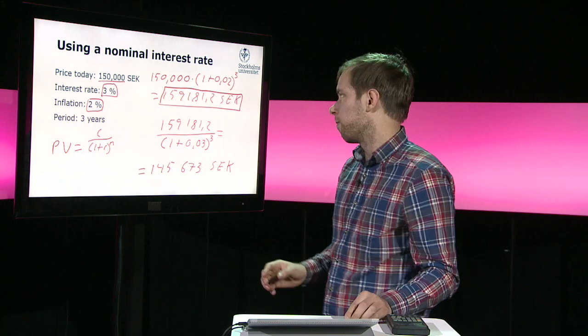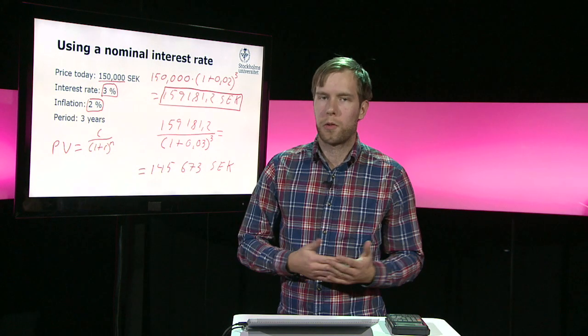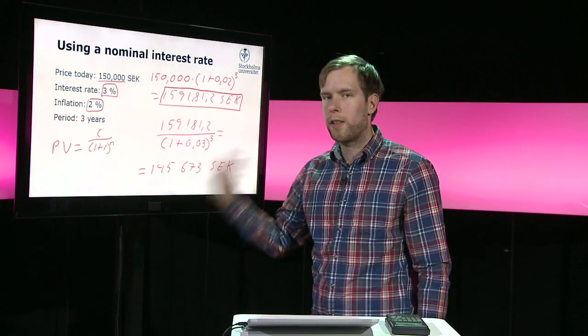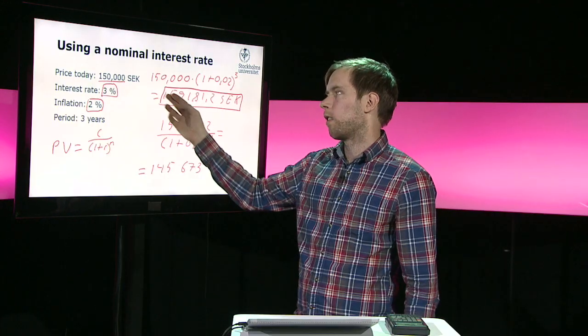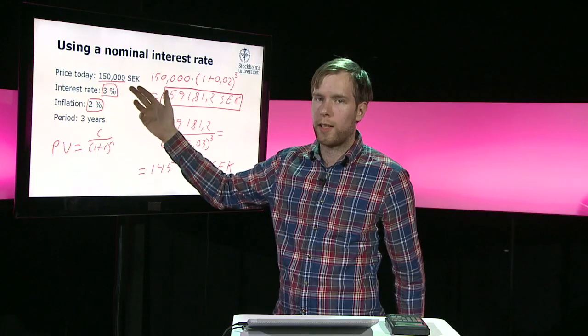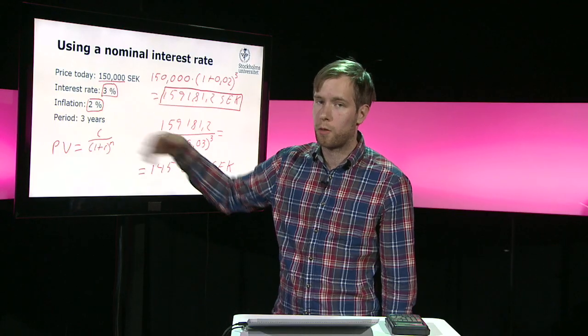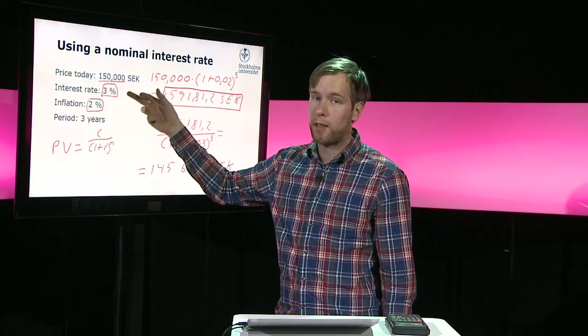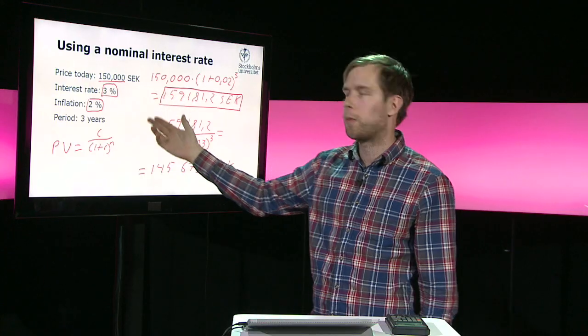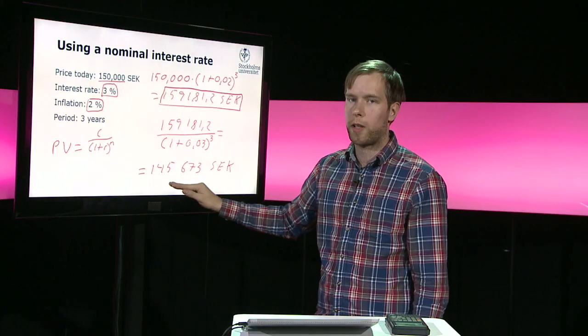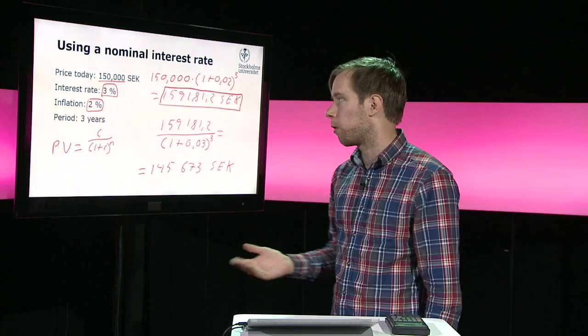Okay, so in order to buy a trip, which in 3 years' time will cost, well, it cost 150,000 today, but the price will increase by 2% over the years. But since the interest rate in the bank is even higher, it's 3%, it means that we can deposit less than today's price and still be able to afford this trip in the future.